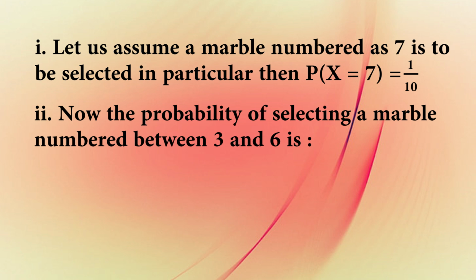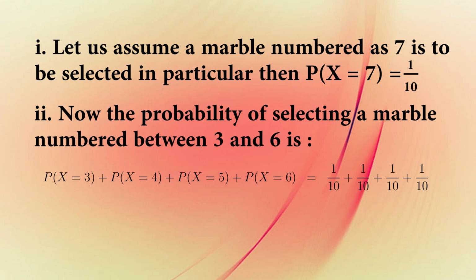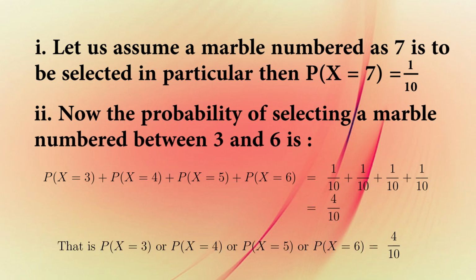As these events are mutually exclusive, we have probability of X equal to 3 or probability of X equal to 4 or probability of X equal to 5 or probability of X equal to 6, that is equal to probability of X equal to 3 plus probability of X equal to 4 plus probability of X equal to 5 plus probability of X equal to 6, which is equal to 1 by 10 plus 1 by 10 plus 1 by 10 plus 1 by 10, which is equal to 4 by 10, which is equal to 2 by 5.